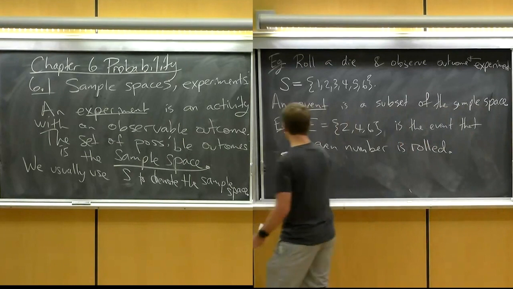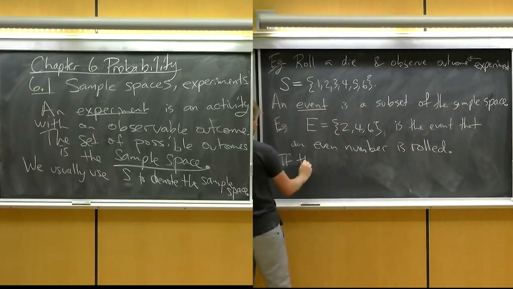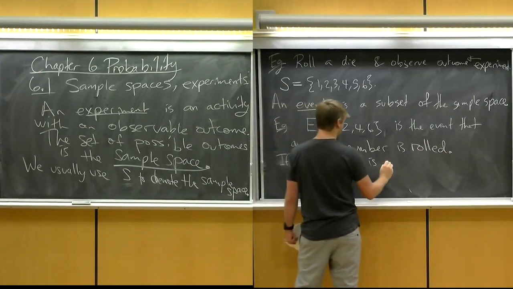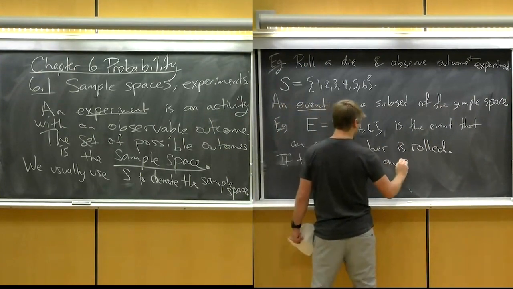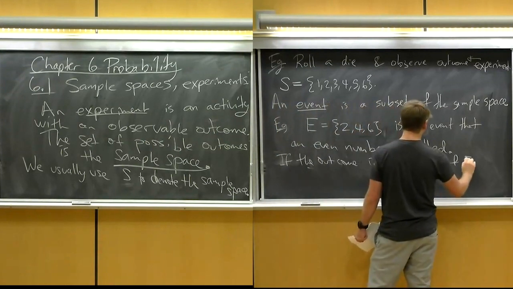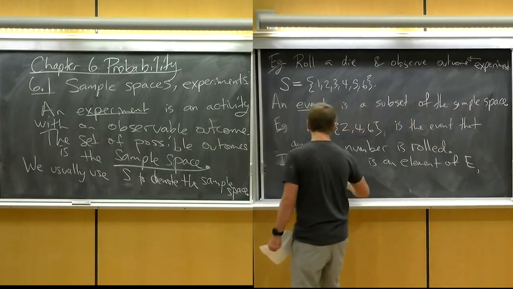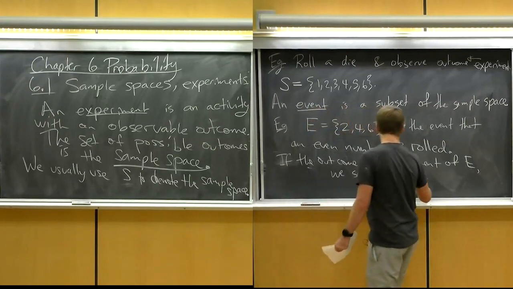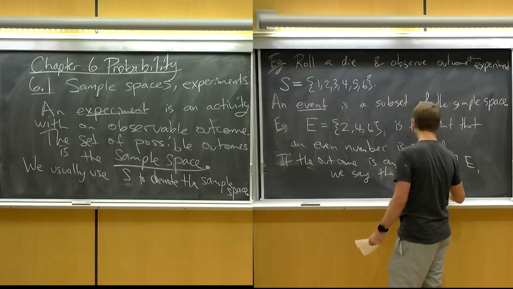So if you do the experiment, and the outcome happens to be an element of an event E, we say that the event E occurred.